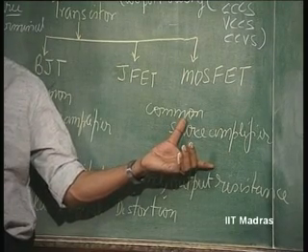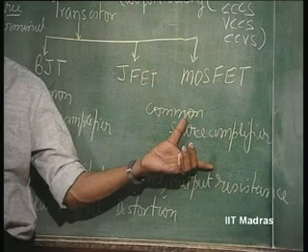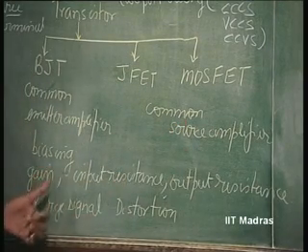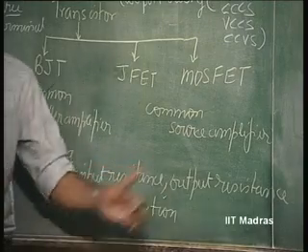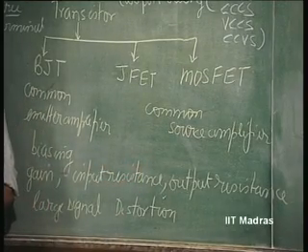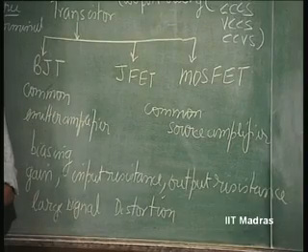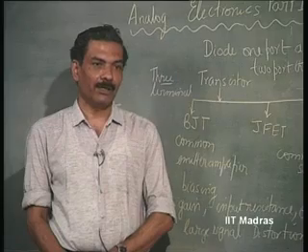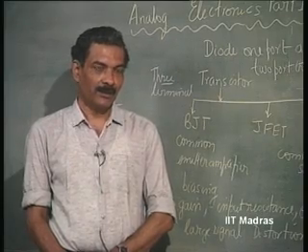Now the source current being fixed, and how to evaluate the gain, input resistance and output resistance from the small signal equivalent circuit of the field effect transistor, which is almost exactly the same as that of the bipolar junction transistor.